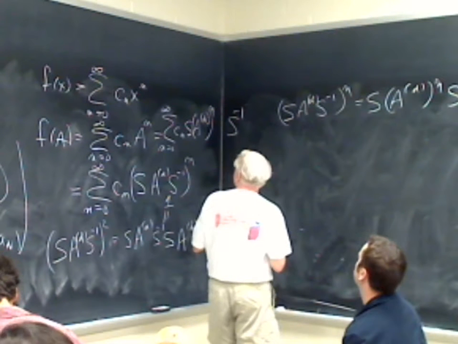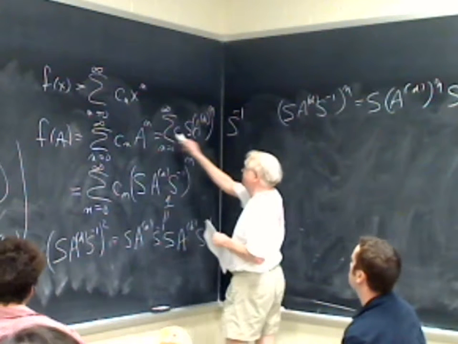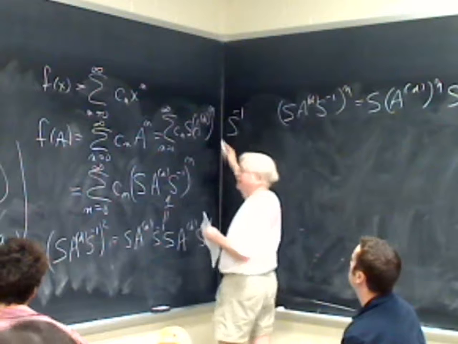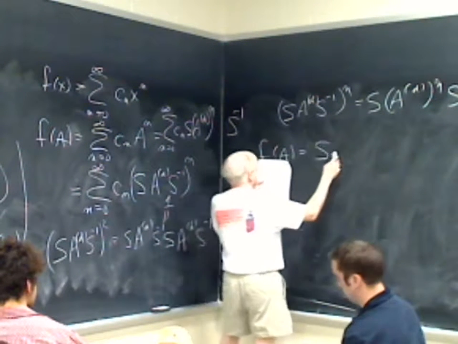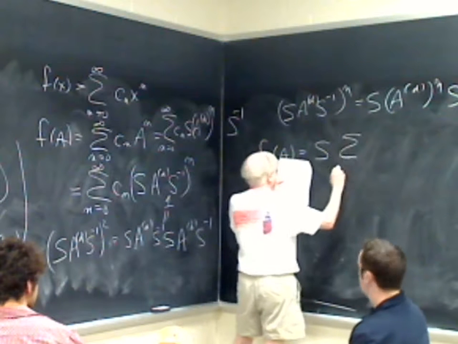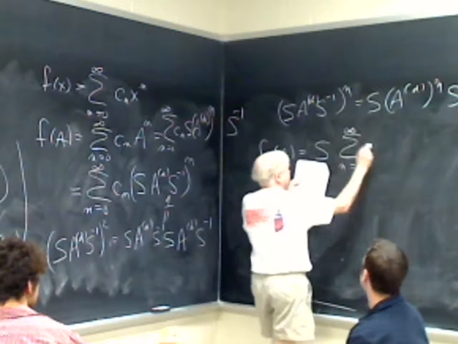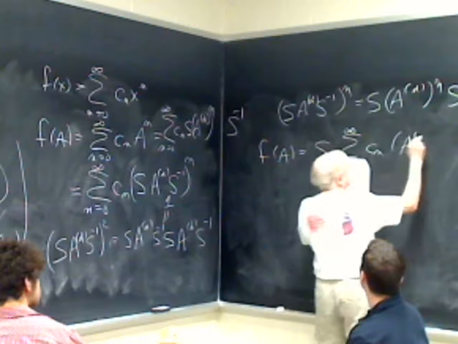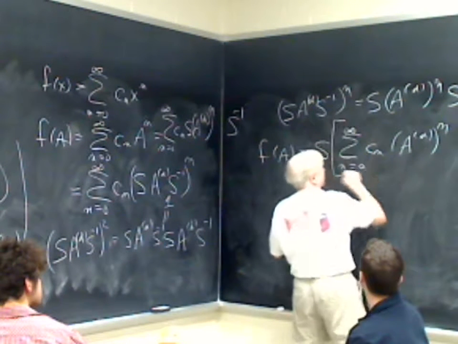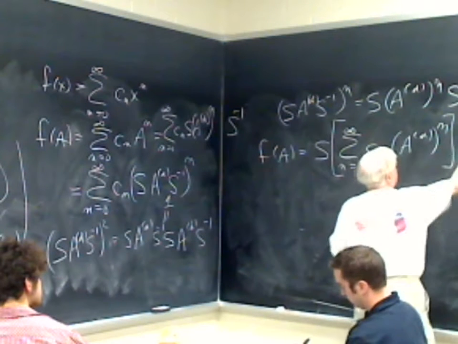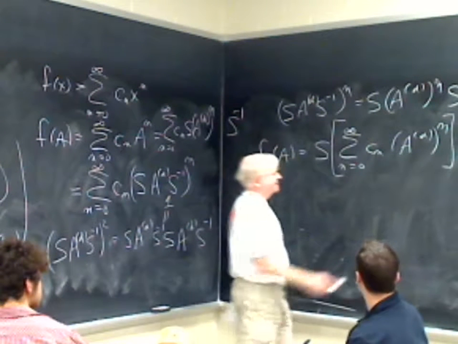So that means then, pulling the S out there, that we have f of A is equal to S sum n equals 0 to infinity c sub n A diagonal to the n S inverse.